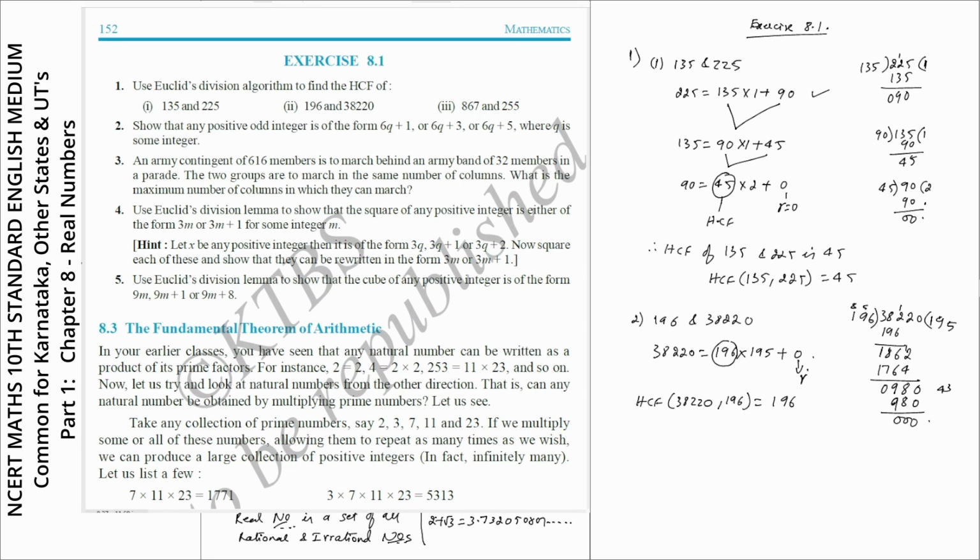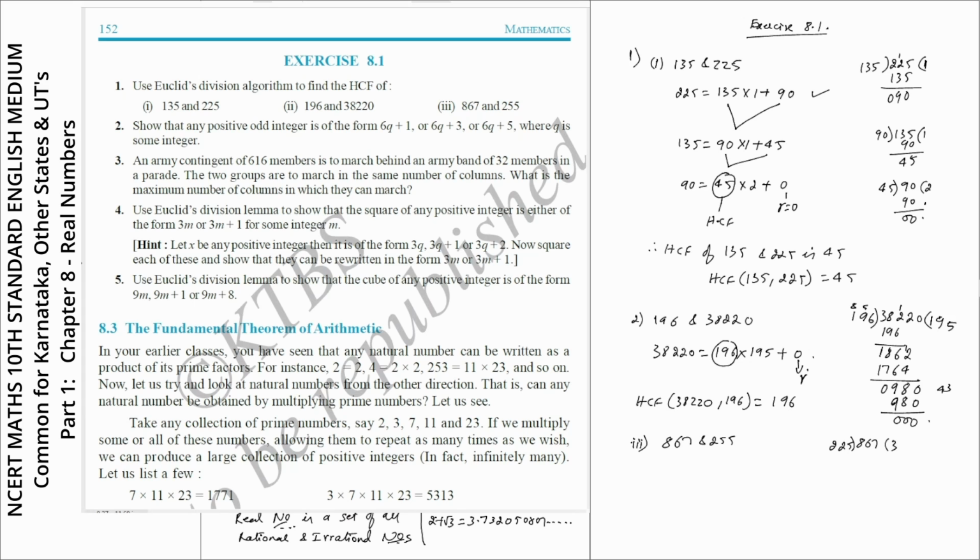Now third sub question is 867 and 255. So divide the greatest number by smallest number. 867 divided by 255. So this into 2, it's around 450. So I'll take 3.